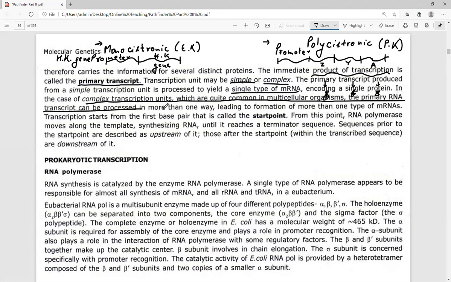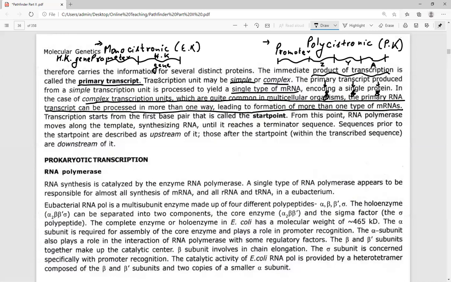It is not polycistronic, it is monocistronic, but the transcript can be processed in more than one way, leading to the formation of more than one type of mRNA molecule.